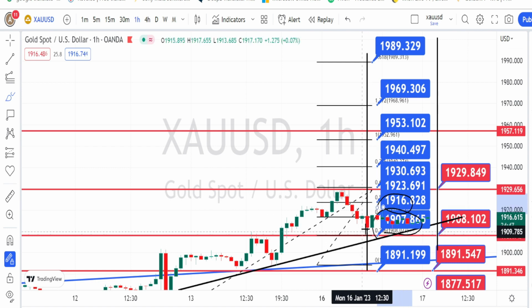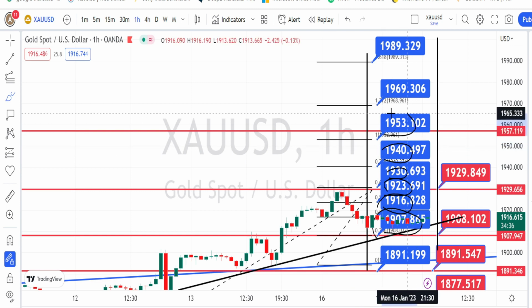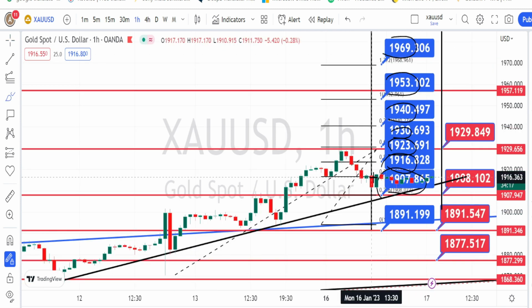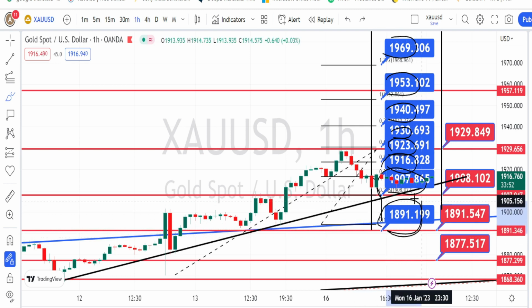Once the price action breaks the resistance level of 1916, next level of resistance is going to be around 1923, 1930, 1940, 1953, 1969 and 1989. And if the price action breaks the support level of 1907, next level of support is going to be around 1891. Let us look at the price action in 30 minutes time frame.